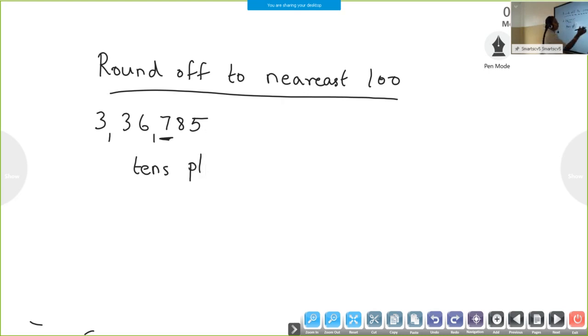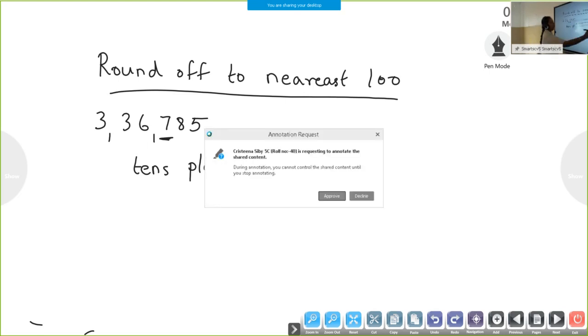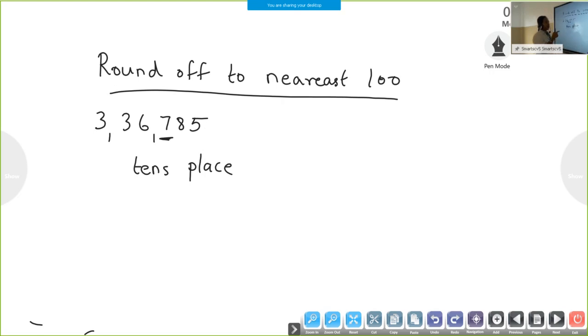Is that clear? Don't be confused. When rounding numbers to the nearest 10, we identify the ones place. Here, to round off to the nearest 100, we identify the tens place digit. Which is the digit in the tens place? It is 8. Then the same rules we follow: if that digit is greater than or equal to 5, that is the rule.